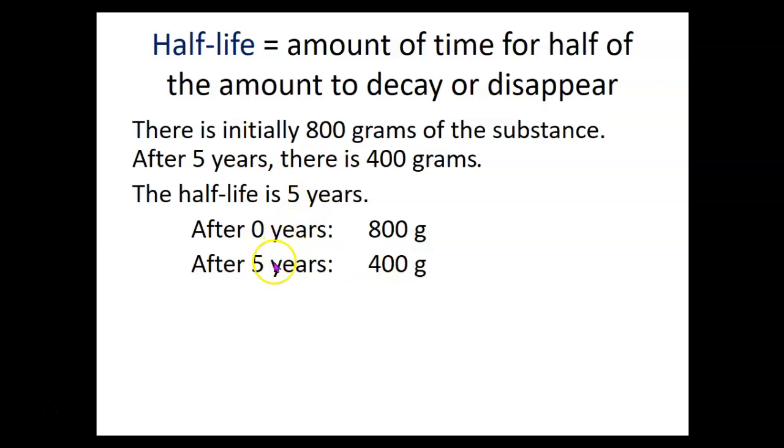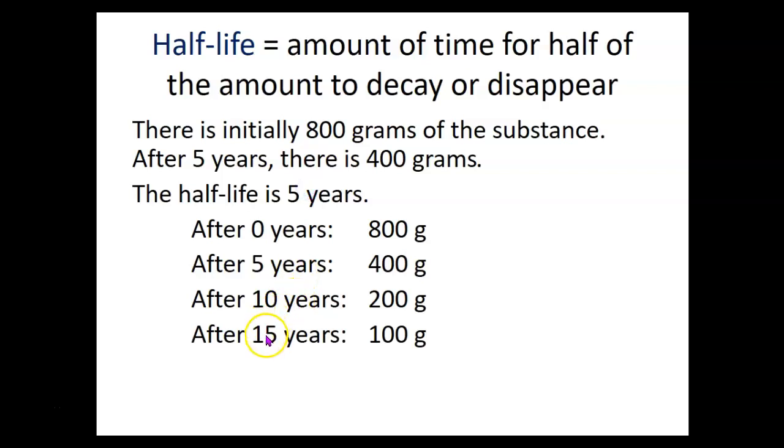After one half-life, 5 years had gone by, we were down to 400 grams. After another 5 years go by, 10 years in all, we're down to half of 400, which is 200. After another 5 years go by, 15 years in all, we're down to half of 200, which is 100 grams. So that's the answer to our question.